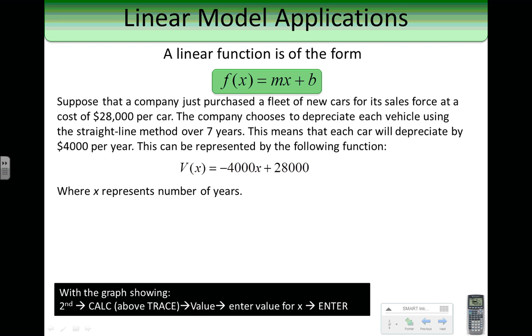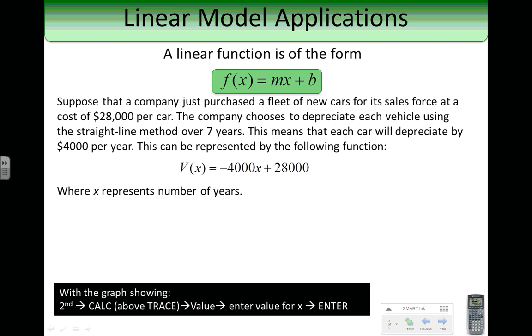The company chooses to depreciate each vehicle using the straight line method over 7 years. This means that each car will depreciate by $4,000 per year. This can be represented by the following function: V of x is equal to negative 4,000x plus 28,000, where x represents the number of years.